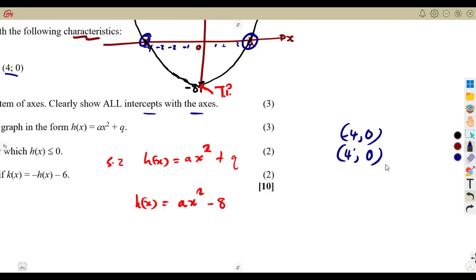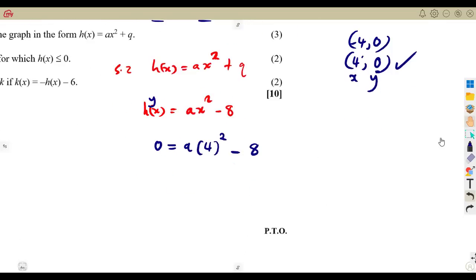So I'm going to use this x, y there. Remember h(x) means y is equal to. So in place of y, we put a 0, and in place of x, we put a 4. So 0 = a(4)² − 8. Let's solve for a.